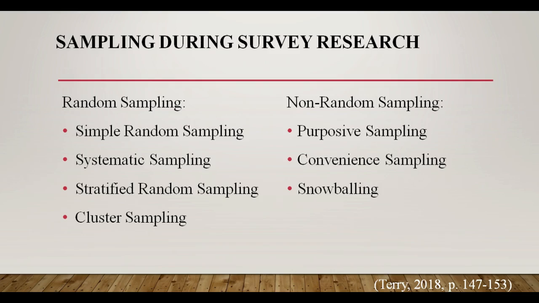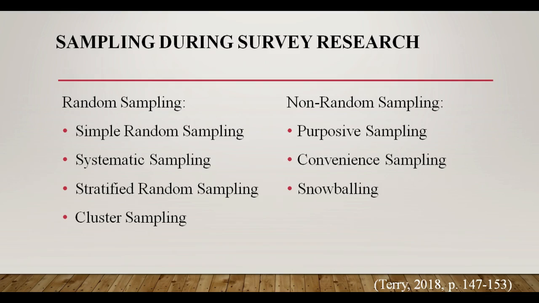Cluster sampling is the last type of random sampling described. In this type of sampling, subjects are randomly assigned to a group. The subjects within the assigned groups are then surveyed. Nationwide research is conducted using cluster sampling.